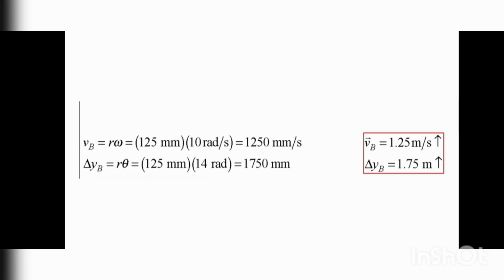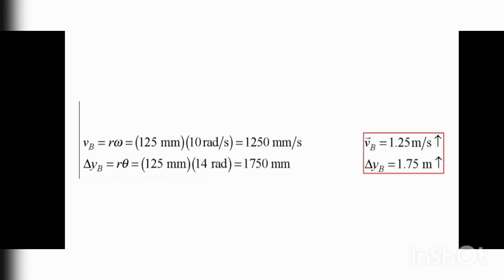So the velocity of B is equal to r times angular velocity. So 125 millimeter times 10 rad per second. The answer is 1250 millimeter per second.